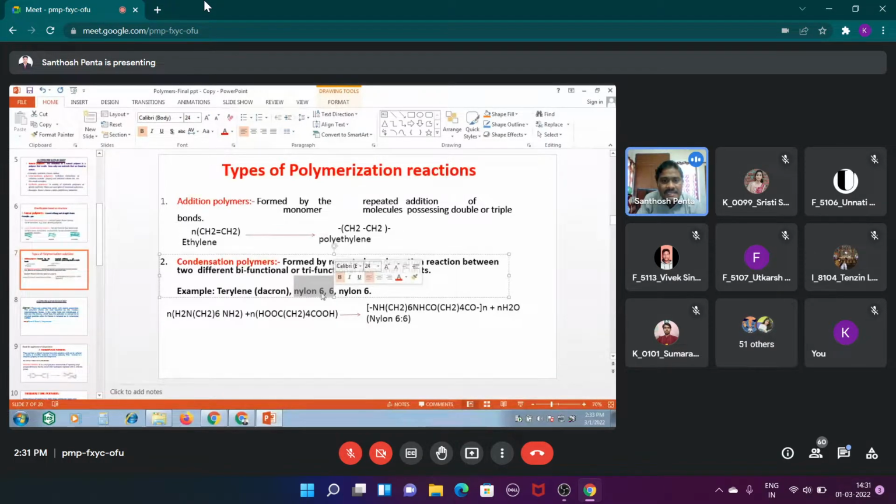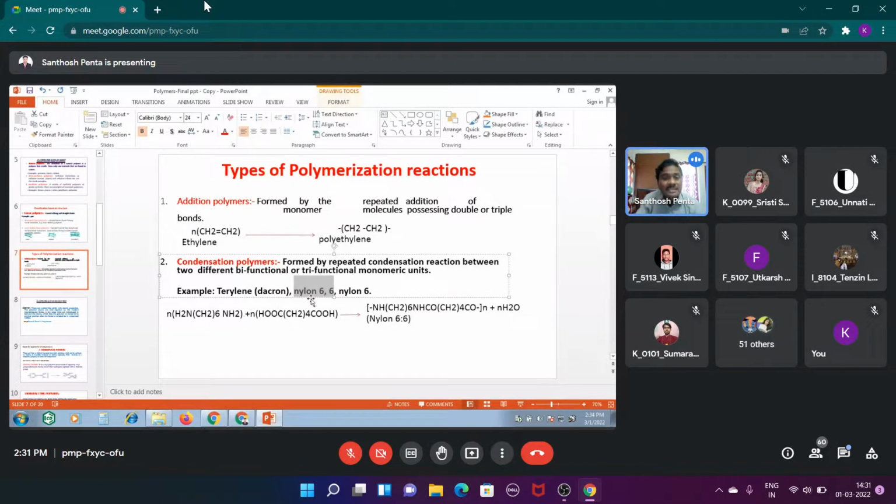Why nylon 6,6? Because how many carbons are there? Six carbons are there in hexamethylene diamine. Then in the acid there is (CH2)4 plus two carboxyl carbons, so a total of six carbons. That means in both monomeric units, six carbons are there.